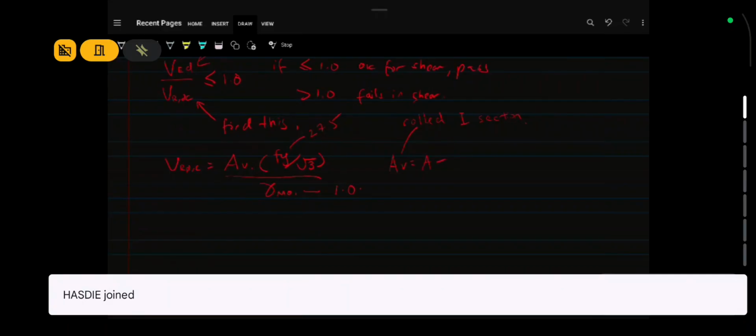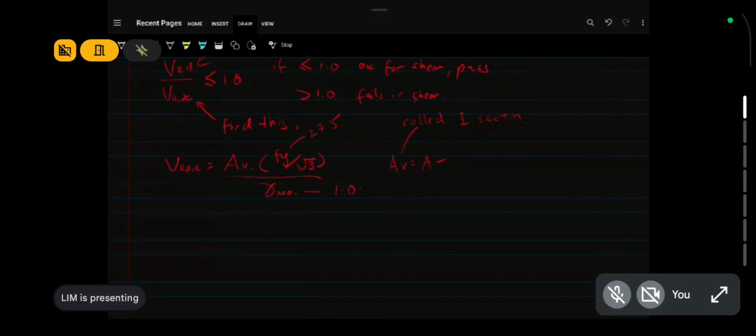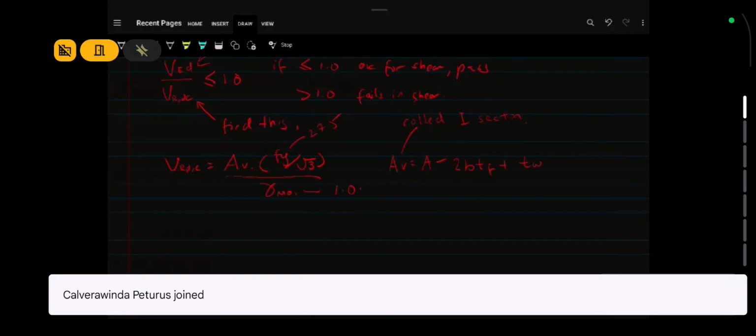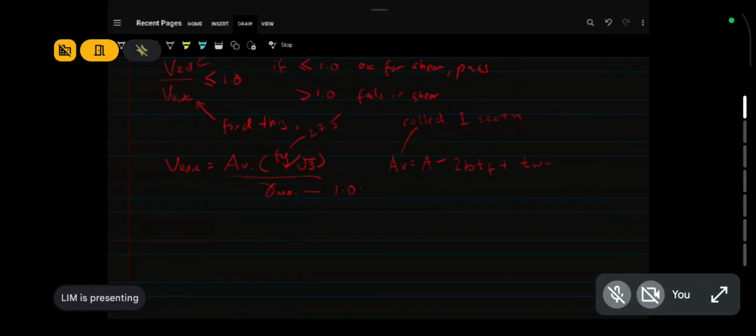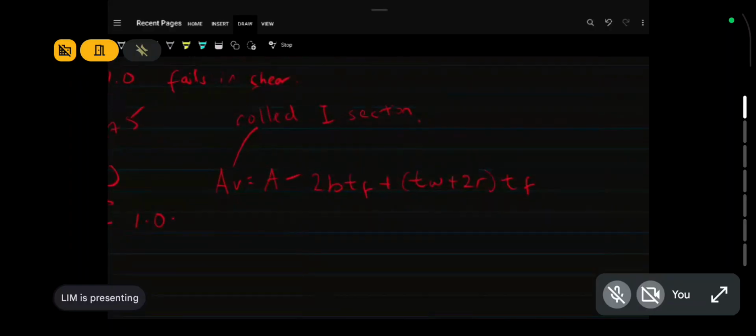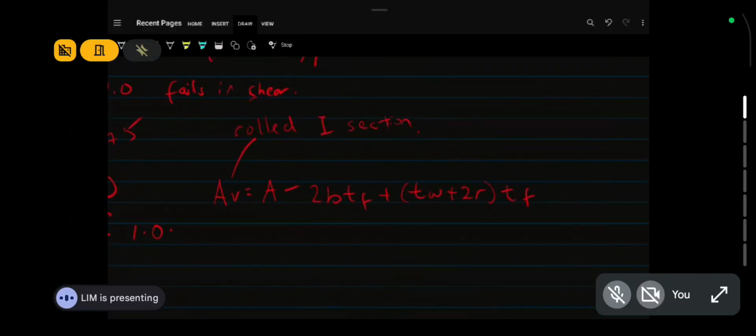It's A minus 2b times tf plus (tw plus 2r) times tf. So A minus 2b times tf, plus tw plus 2r, the whole thing times tf. Like that, correct? Correct.